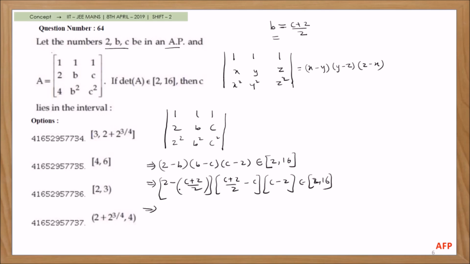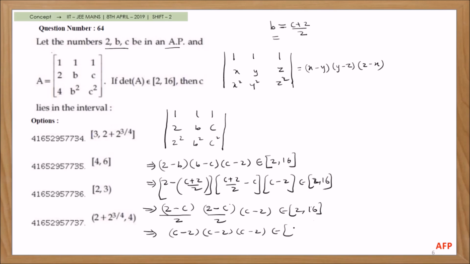Now if you simplify, 2 minus c divided by 2, next 2 minus c divided by 2, and c minus 2, belongs to [2, 16]. Minus into minus is plus, so we get (c minus 2) cubed divided by 4.